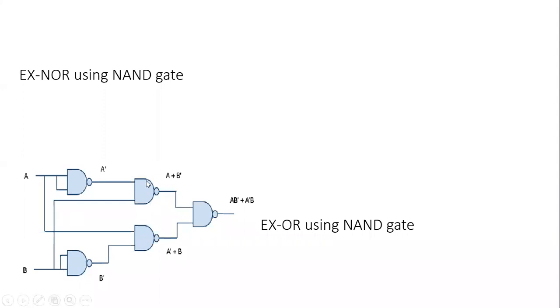This NAND gate will be the product of A bar into B, so that makes it A bar into B. And here it comes as A into B bar. Then further these two go to the NAND gate. And here, remember, we are getting a bar above that. So it becomes A bar B whole bar.